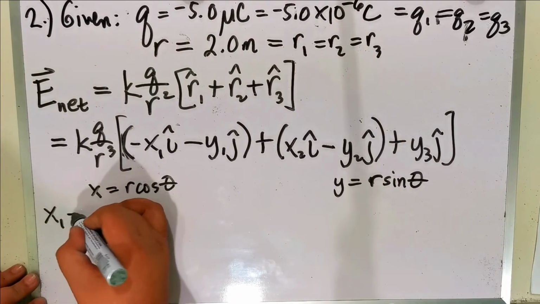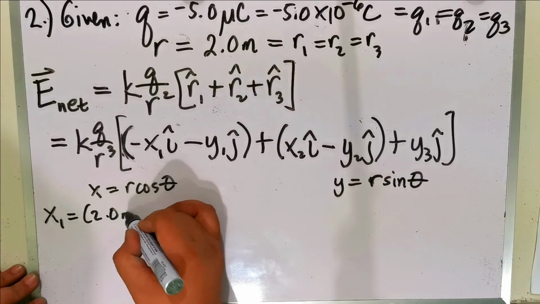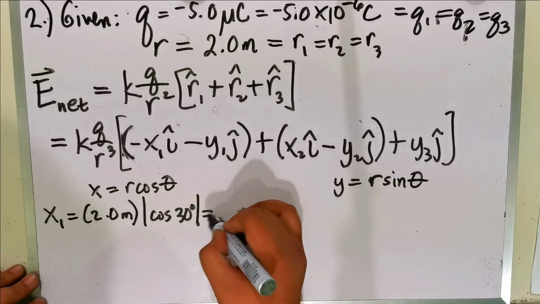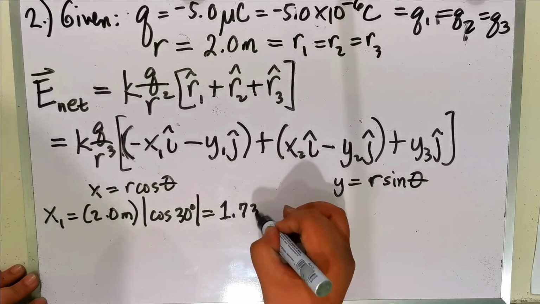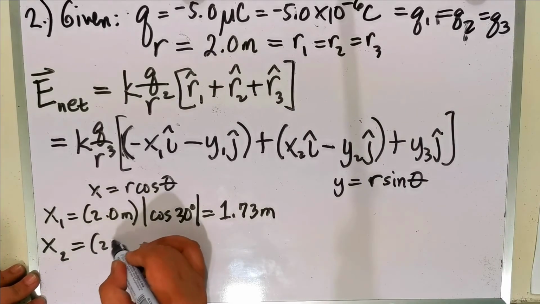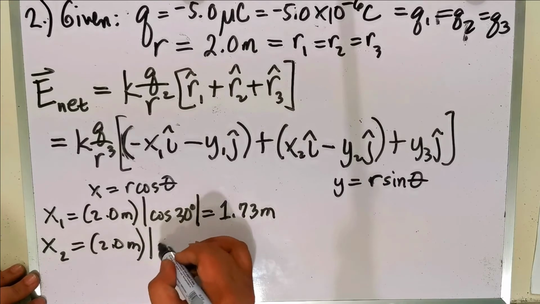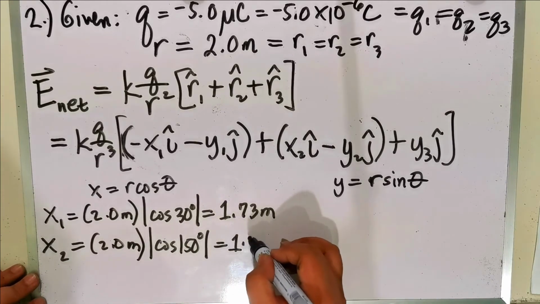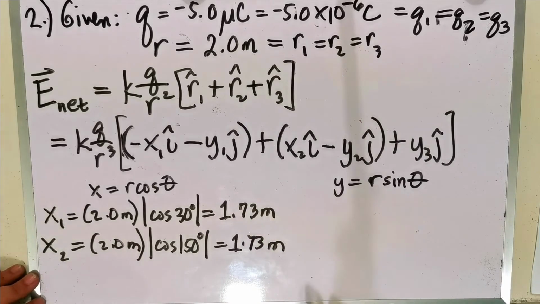So for our x sub 1, this is now 2.0 meters. Then the absolute value of cosine 30 degrees. This is now equal to 1.73 meters. For x sub 2, this is now 2.0 meters. The absolute value of cosine 150 degrees. And this is also 1.73 meters. So equal ra ang x sub 1 ug x sub 2 kay tungod ang cosine 30 is simply the negative of cosine 150.